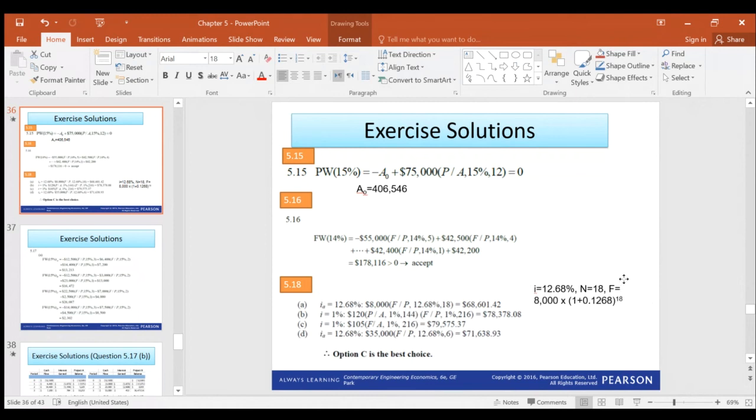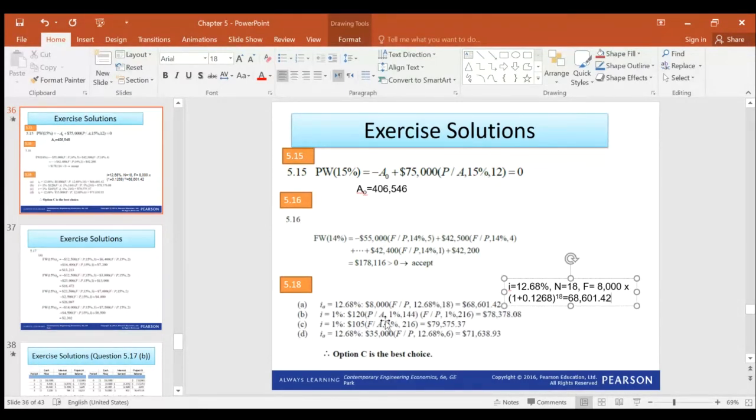This is how you do it for part A. You should get the same answer, right? If you solve it, your answer should be 68,601.42. This is the answer for part A.